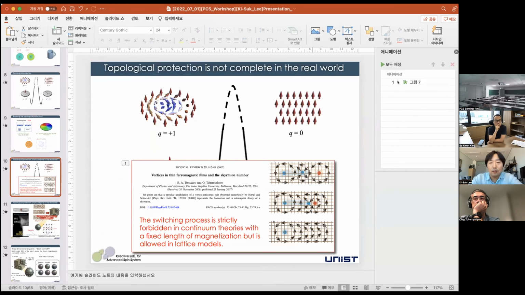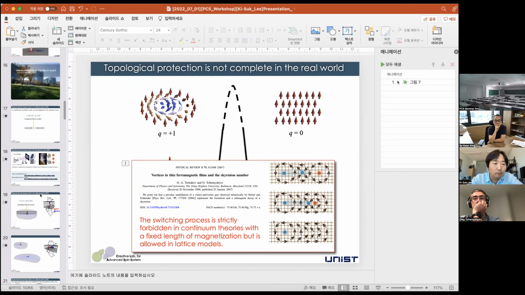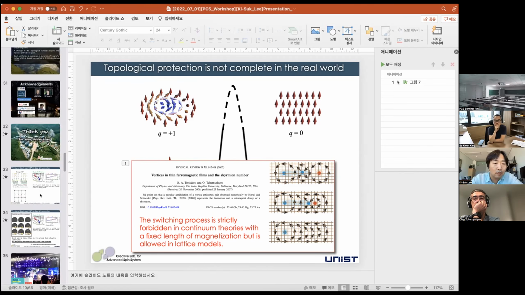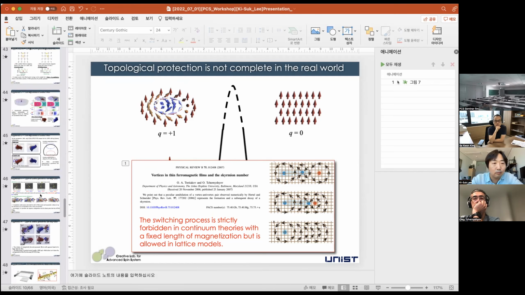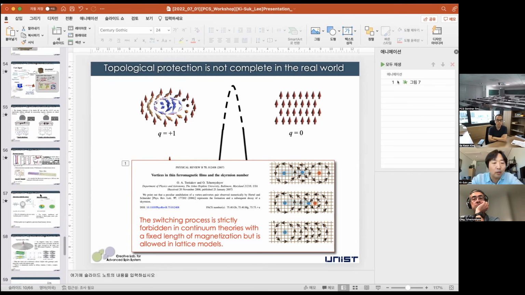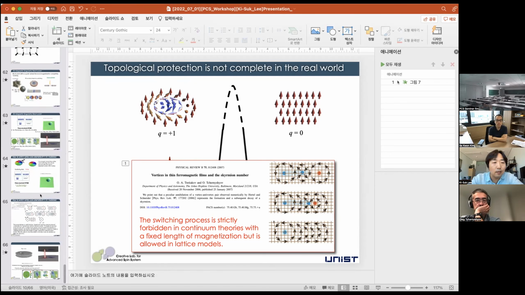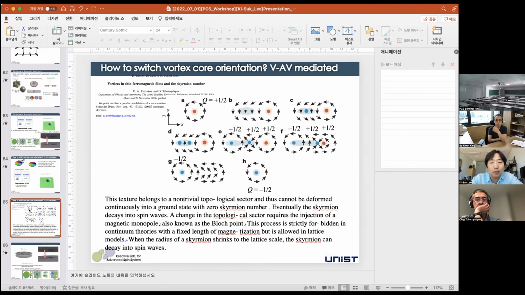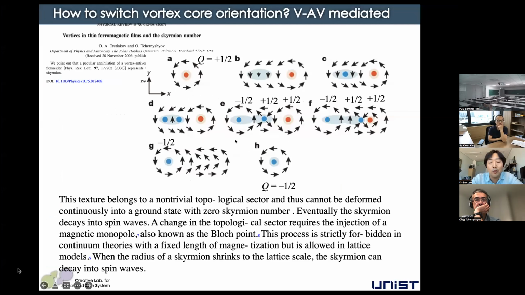So normally for vortex cases, the only way to change the vortex number is by making the vortex escape from the system to the boundary. When I saw the simulation of the skyrmions, the annihilation also only occurs on the boundary, right?